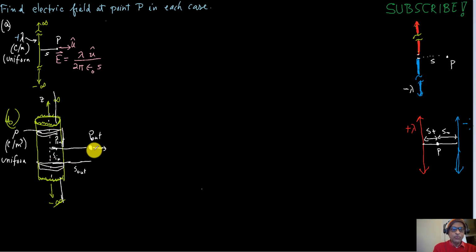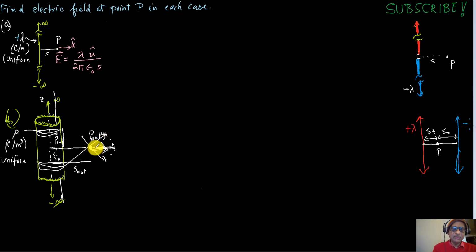These will produce electric fields exactly in that direction, and when we add them, this will be the net electric field. So it is all in that direction. The same argument could have been made over there. I forgot to make that argument over there.